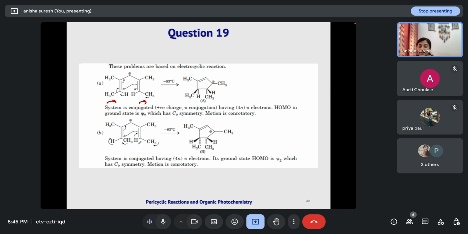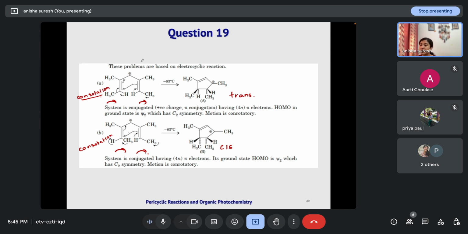In this case, one CH3 is inside and the other CH3 is outside. So when we do conrotation, the CH3 will go below the plane and the other CH3 will also go below the plane. So we will get the cis product. This is giving the trans product. This is giving the cis product. So conrotation is taking place in both the cases.